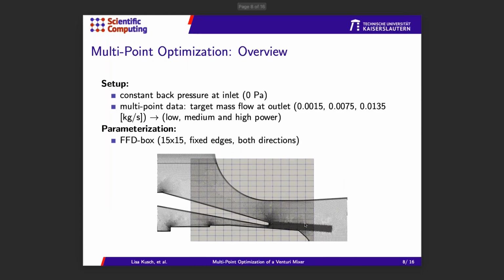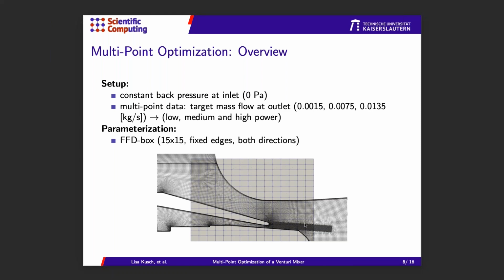So to use it now in optimization, first of all, we have to think about setting up these different operating conditions, and this is done using boundary conditions. We set a fixed pressure at the inlet, so at the gas and the air inlet, but then we vary the target mass flow at the outlet to reproduce the different power cases.